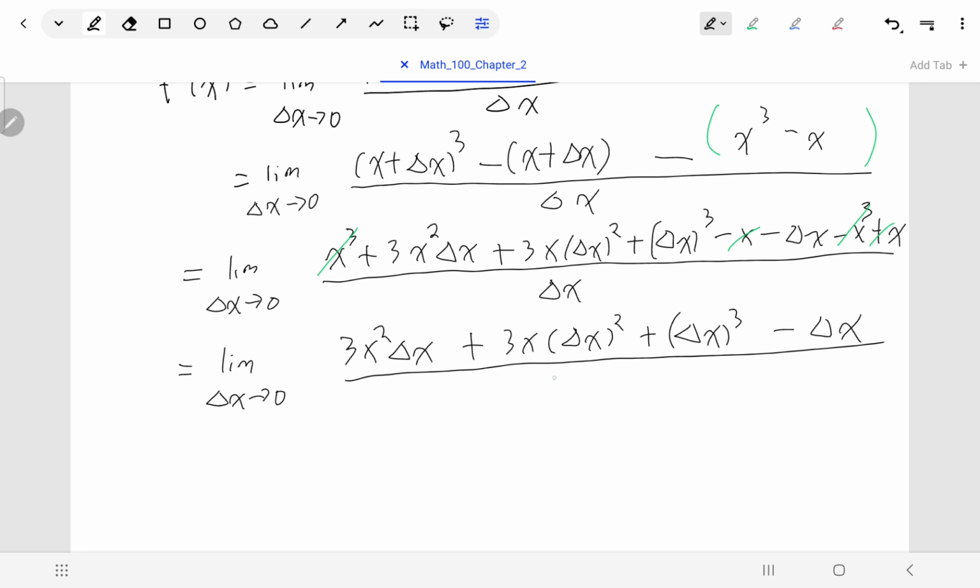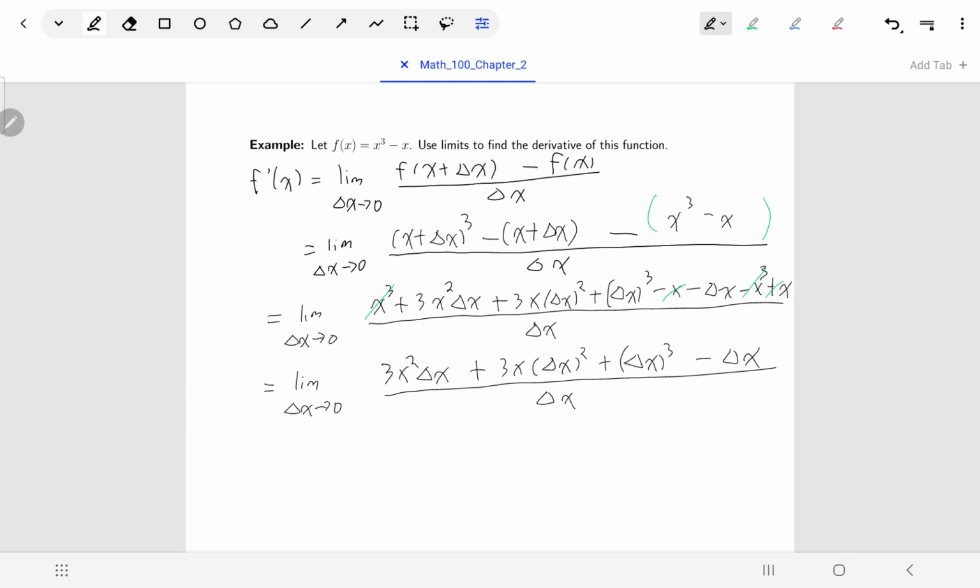And now, at this point, now that I've done my figuring out of my difference quotient and cleaning it up a little bit, I can see that right now, if I try to evaluate my limit, I'll wind up with, again, 0 over 0. Every single term has a delta x in it. That'll give me 0 for the numerator. I'll have 0 for the denominator. That's indeterminate. But nicely enough, I also notice that I would be able to factor a delta x out of every term in the numerator.